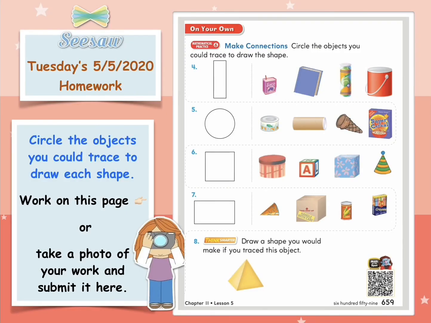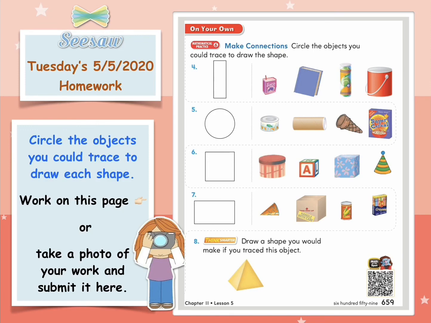I'm sure you remember when we said that the shapes are everywhere around us. So we can find many objects around us that have the 3D shapes. In this exercise or homework, you are going to circle the objects you could trace to draw each shape on the left side.